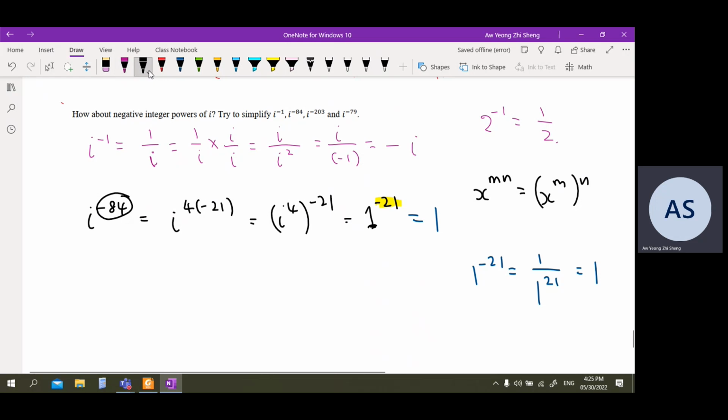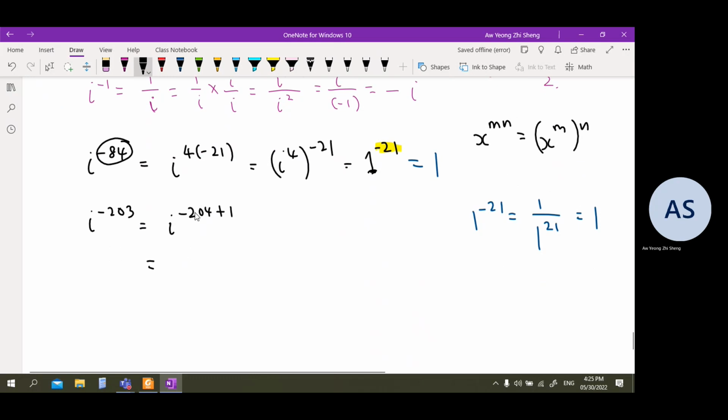Right. Next, i power negative 203. Okay, so for this one, I will first interpret it as i power minus 204 plus 1. So why do I want to write it as negative 204 plus 1?